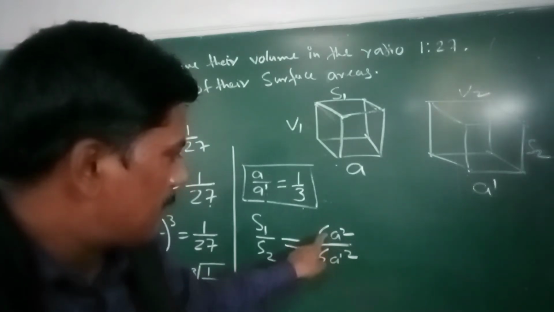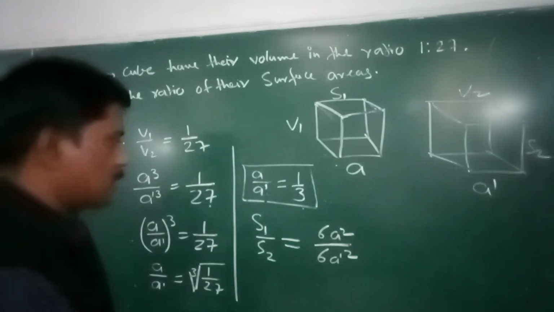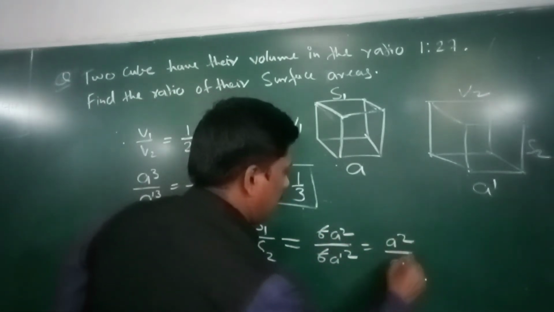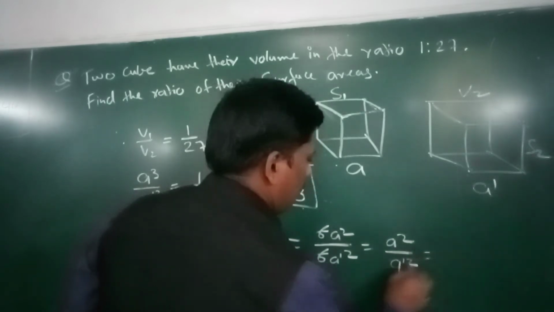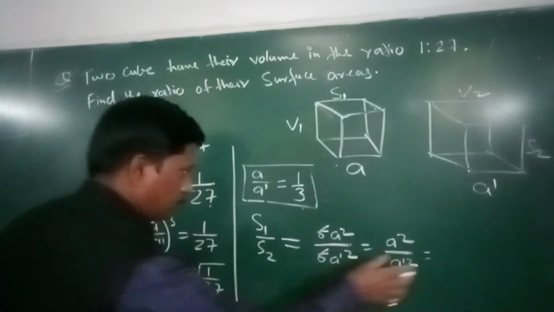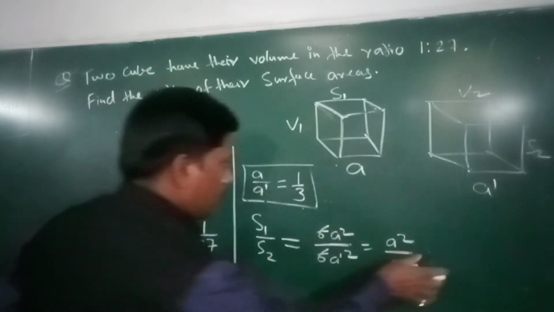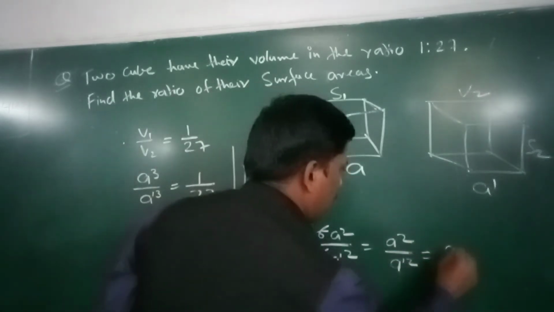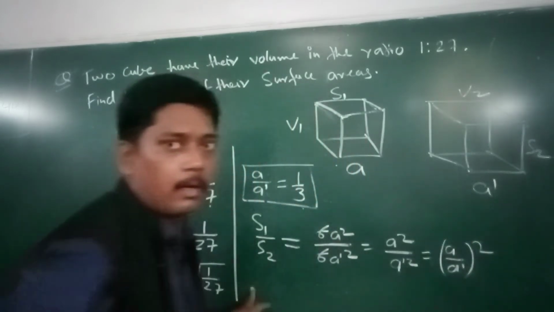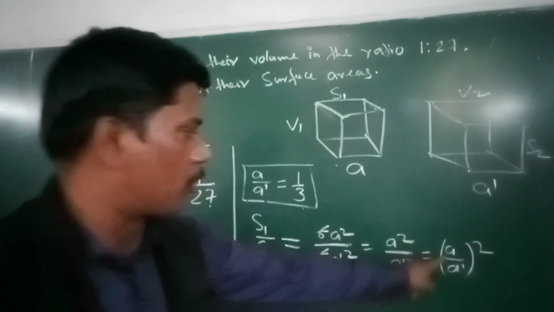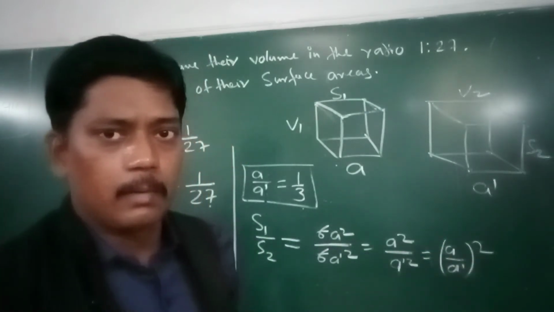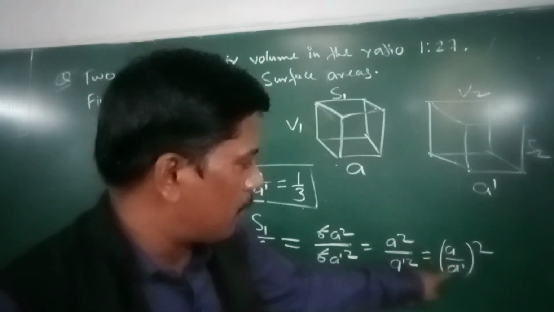Then 6 cancels out with 6. Now we get A square upon A dash square, and we can also write A upon A dash whole square, because the power is the same.